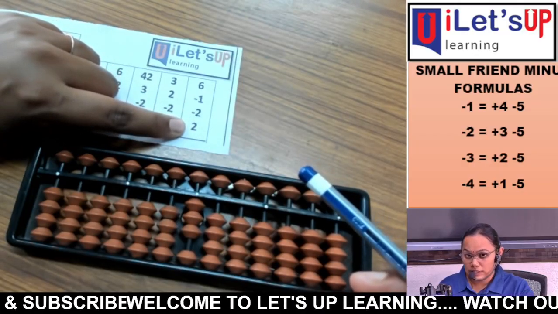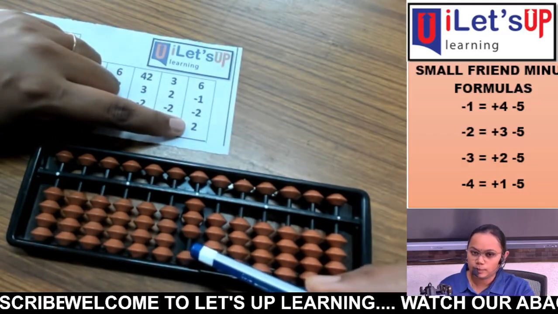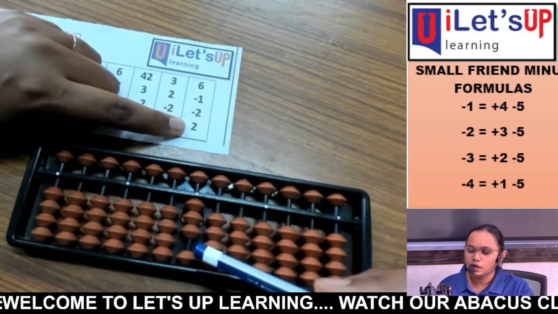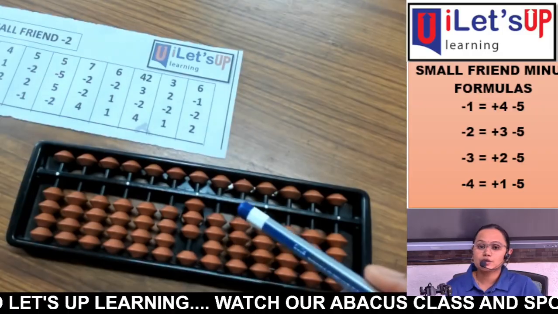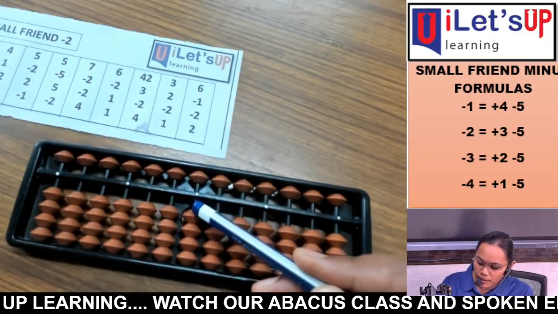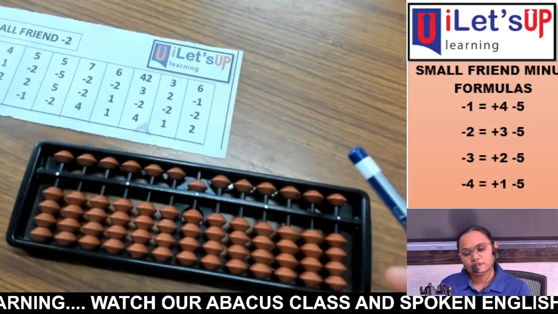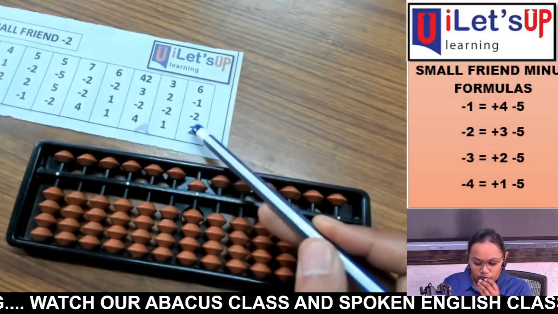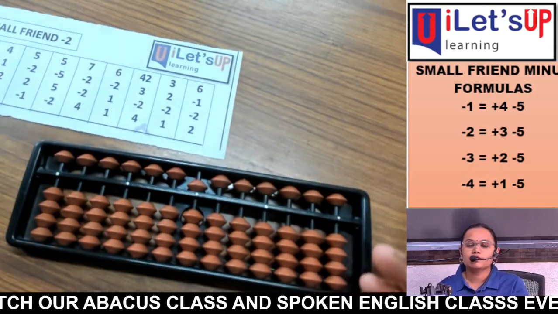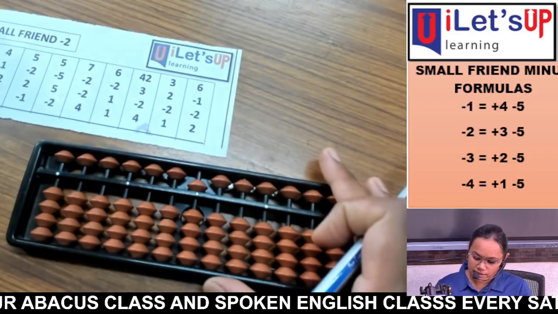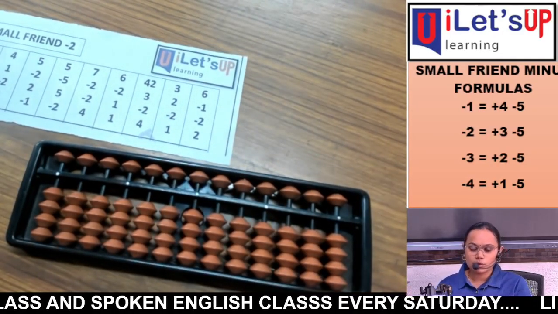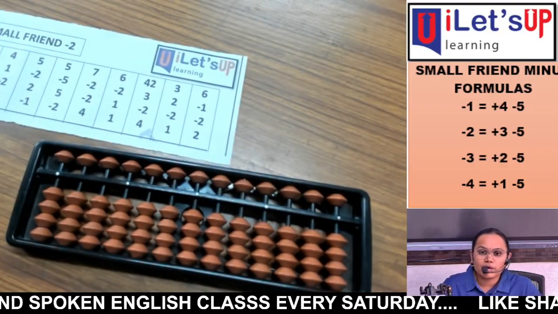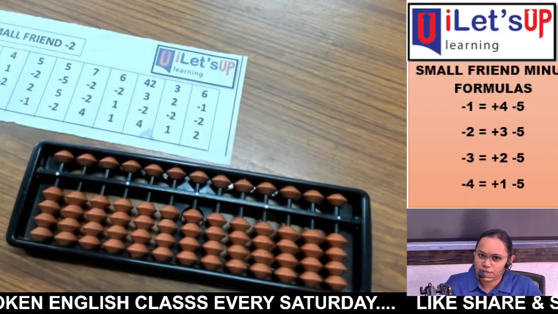Add 2. Possible? 1 is there, but one more bead is not there. So what do I need to do? Apply the formula. Plus 2 is equal to minus 3 plus 5. That's it. And hence we have solved the question. The answer for this question is 5. So here we can conclude that small friend minus 1 and minus 2 concept is done.